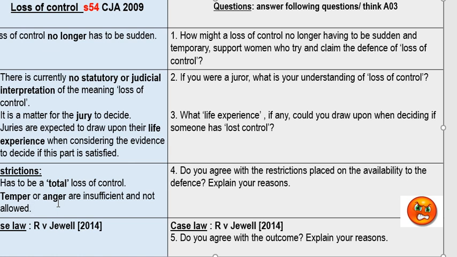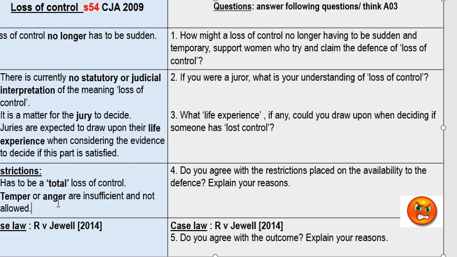Now, you've got the case of Dewell, which is talking about planning and premeditation. That might not always be evident in a scenario. So you might get a scenario question where you have a couple arguing and then one of them kills the other.